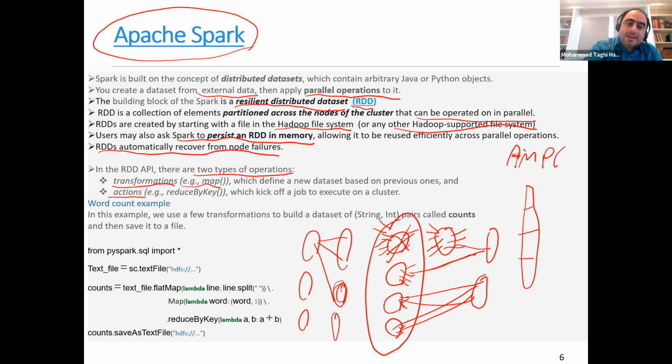A typical operation here is reduceByKey. So in some sense, the map part is mainly the send part, and the reduce part is mainly the receive part, and doing the operations on them.